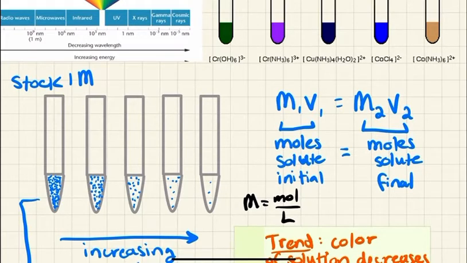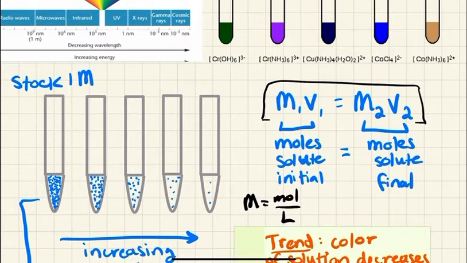So I can use this formula here to relate the concentration and the volume initial and the concentration and volume final for a solution, because the moles of solute present should be constant. If all I'm doing is adding more solvent to dilute something, the amount of solute doesn't change.